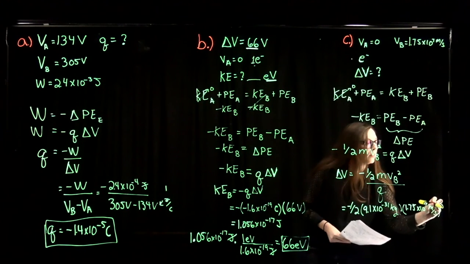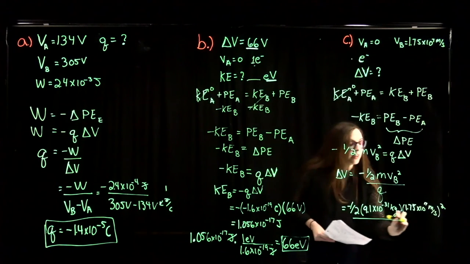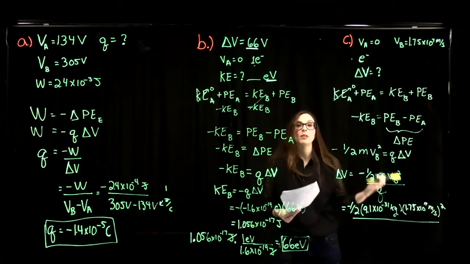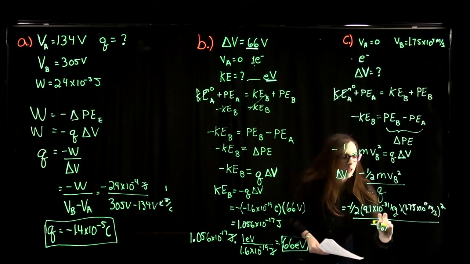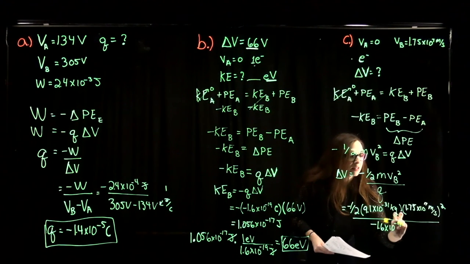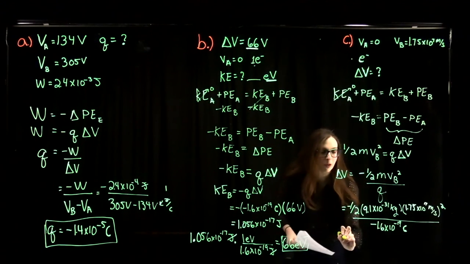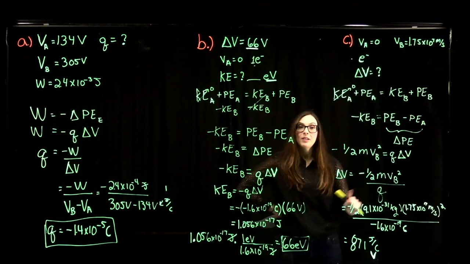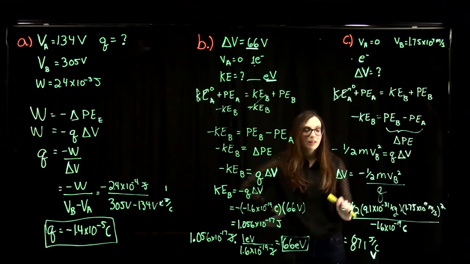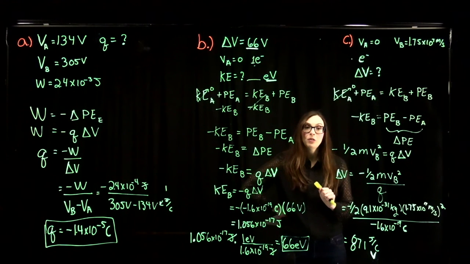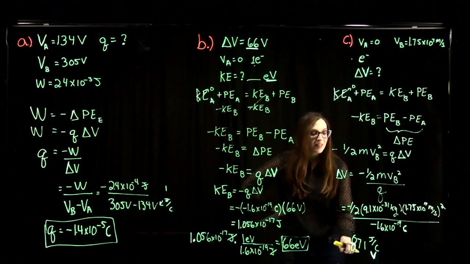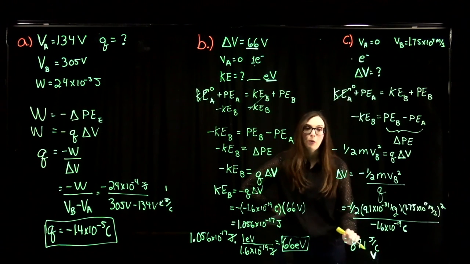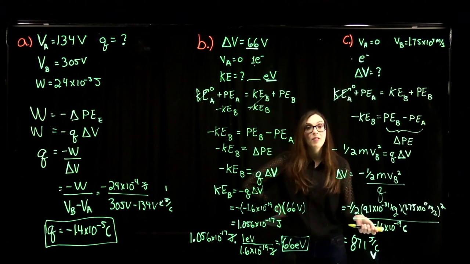We've got to square this. And then we're dividing it by, we've got an electron, so the charge on my electron is minus 1.6 times 10 to the minus 19 coulombs. All right. We plug all of this into our calculator. We get that our change in potential, or our potential difference through which this electron travels, is 871 joules per coulomb, which is the same thing as a volt.